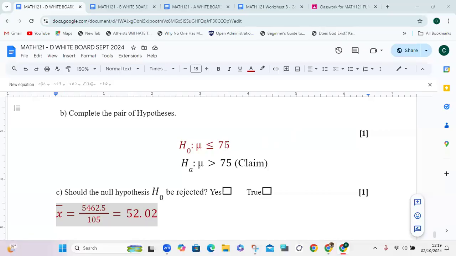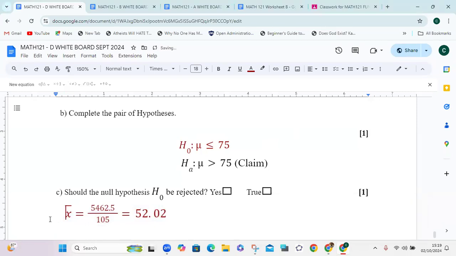So clearly, what the null is saying and what the sample is saying are in agreement. The null is saying the population mean is less than or equal to 75. The sample is saying the mean is equal to 52. 52 is less than 75. So therefore, clearly, we must not reject the null.